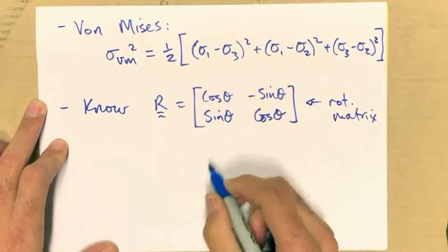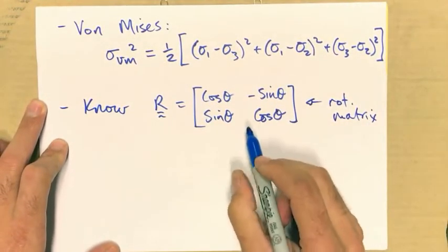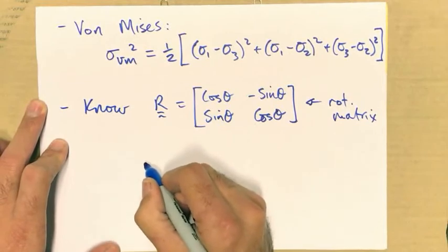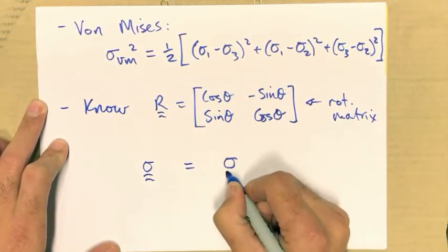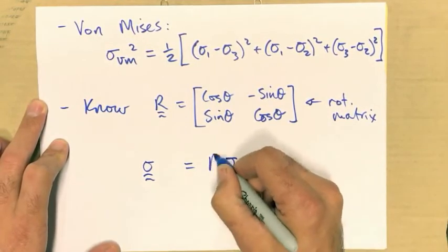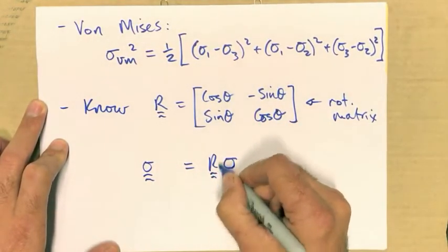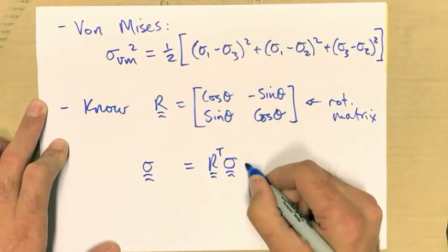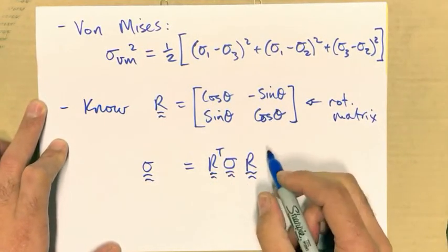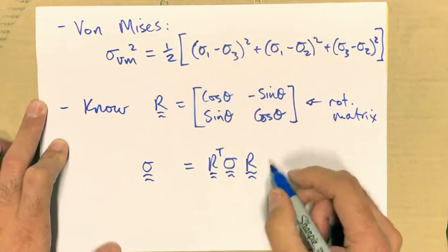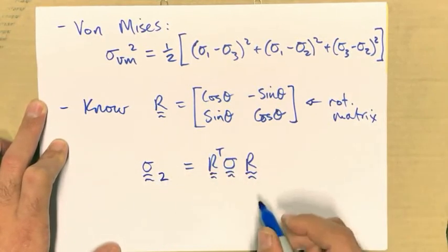So you would be very foolish not to remember this, and also to remember that if you want to rotate a stress matrix, say sigma, I take this matrix with a certain angle, multiply it by its transpose, and then multiply by the matrix itself, and this will give you the rotation.